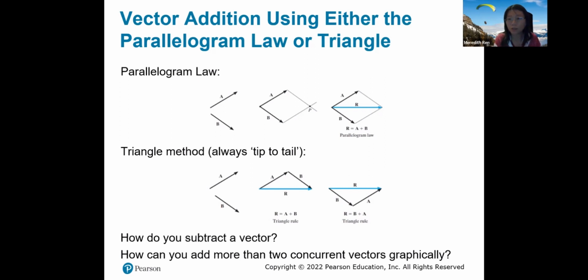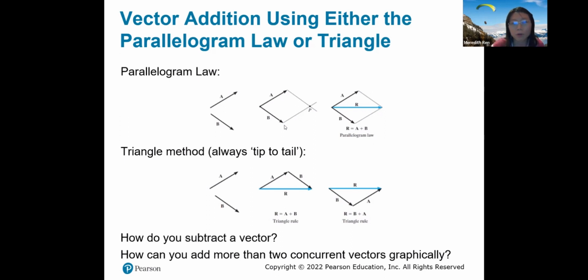Since they're vectors, it's involving magnitude and direction. That means you cannot do a simple algebraic addition, like 3 plus 5 equals 8. You cannot do that because they have different directions. Vector A is going in a direction. Vector B is going in a different direction.